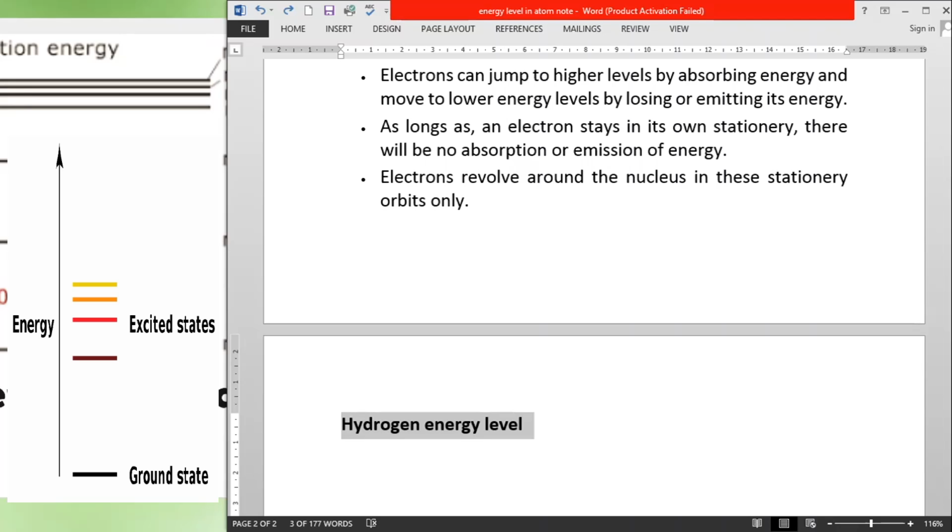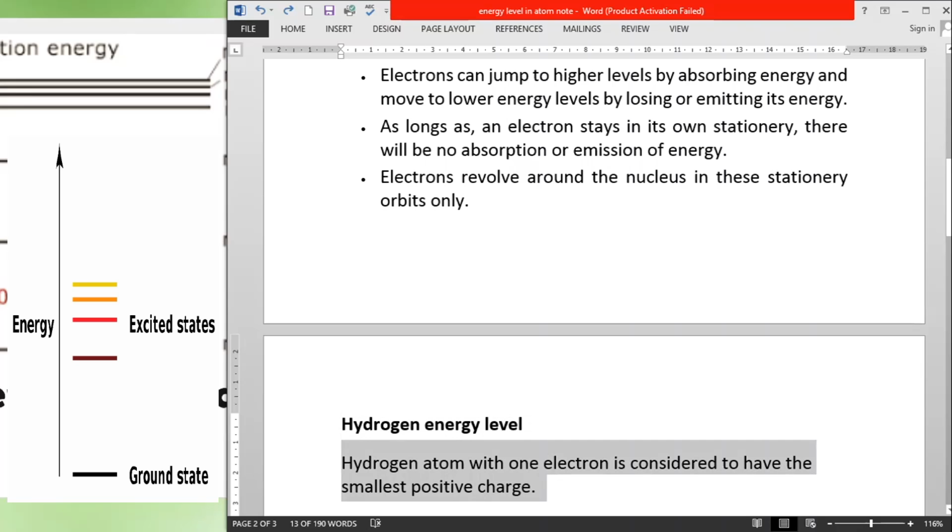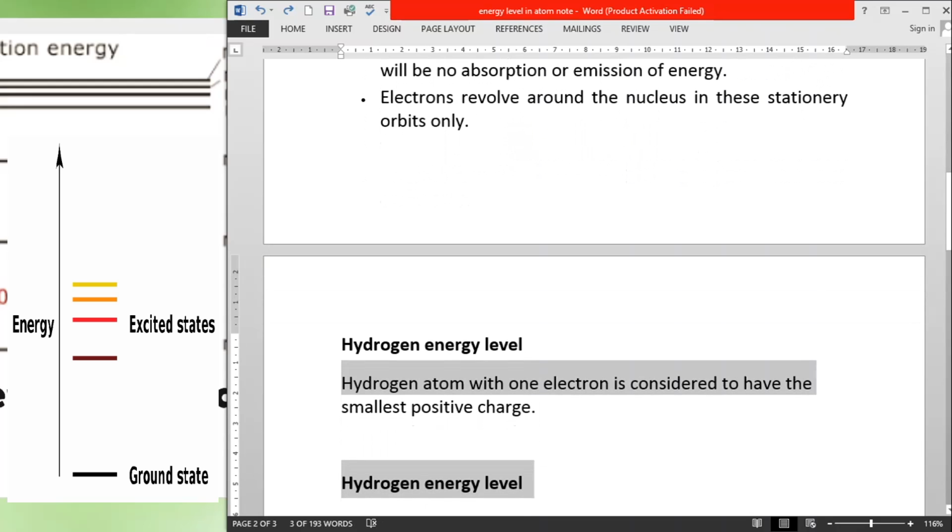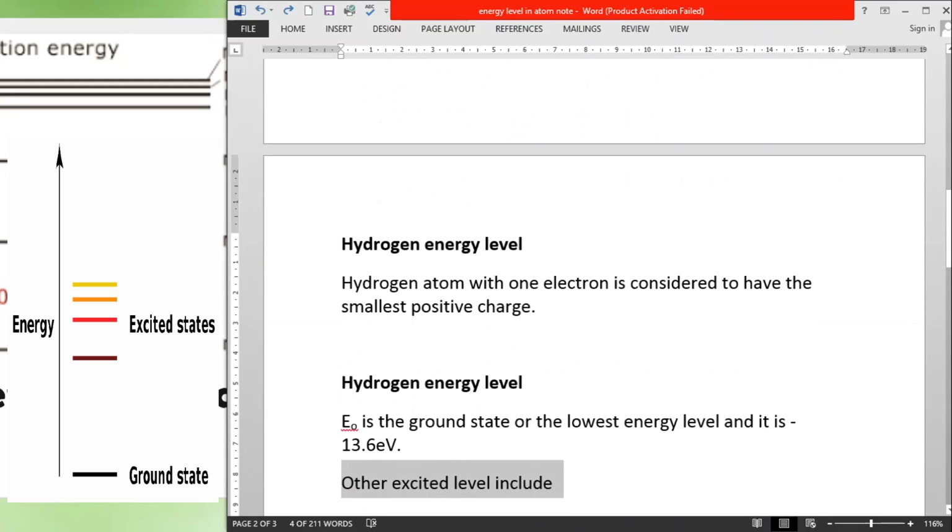Now we are going to be looking at hydrogen energy level. A hydrogen atom with one electron is considered to have the smallest positive charge. For hydrogen, the ground state is represented as E0, the lowest energy level, and it is 13.6 electron volts.